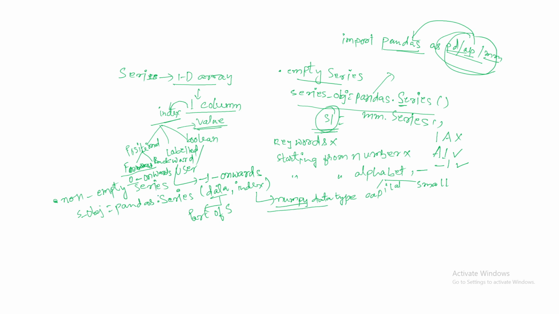Now, this data and index, how many types can you write? There are 4 types. Number 1, Python sequence. Number 2, ndarray.